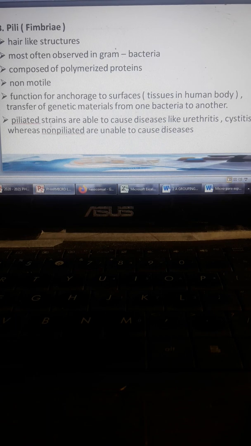Piliated strains usually cause urethritis, inflammation of the urethra, and cystitis, inflammation of the urinary bladder. Non-piliated strains are unable to cause disease.